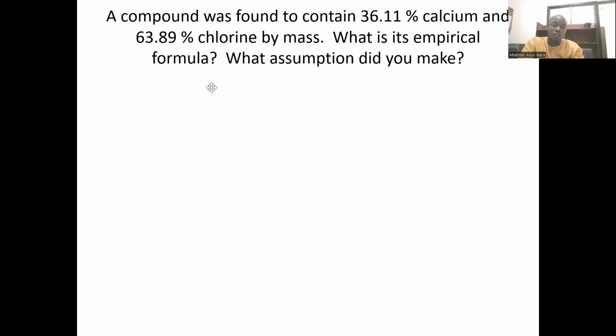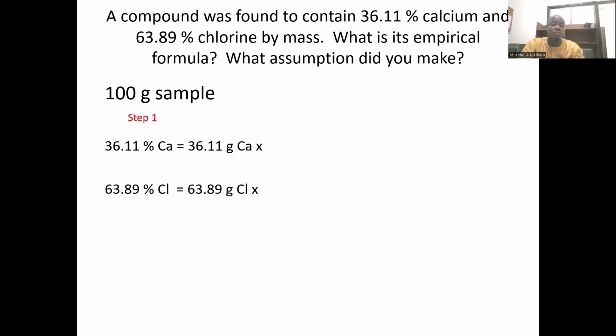We are going to convert these to moles, and of course we assume that since it is given in percentage, the total mass of the sample is 100 grams. So in step one, you are going to convert this 36.11% to mole. And how are you going to do that?